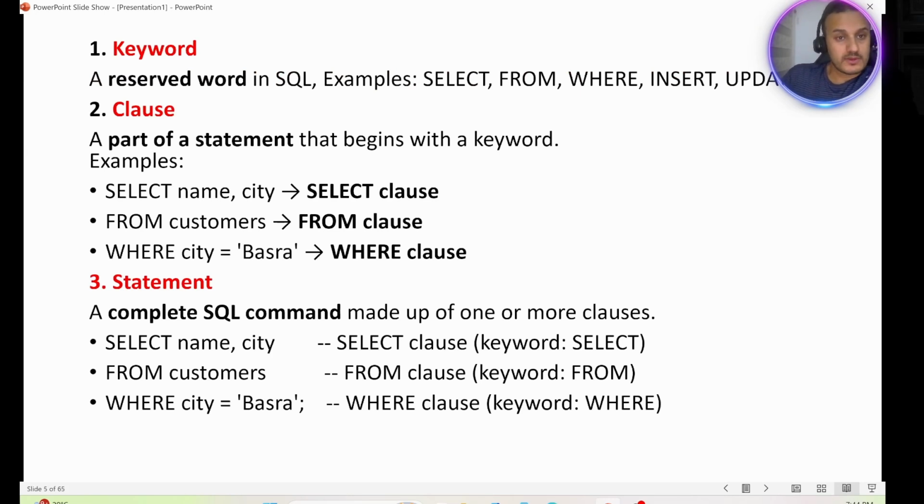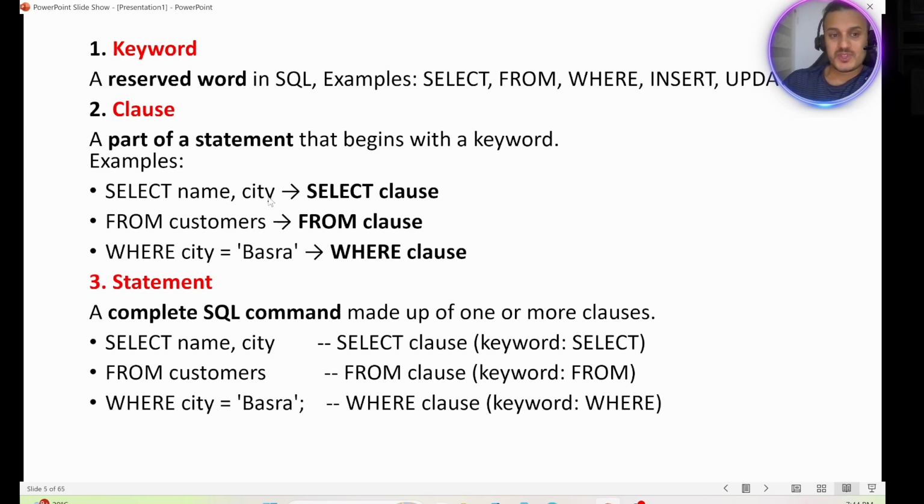What is a keyword? A keyword is an individual word like select, from, where, insert, update. It is a reserved word. What is a clause? When you use select, for example, we select the name and city from a table called customers.